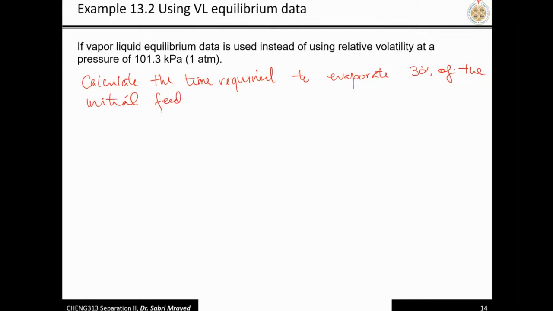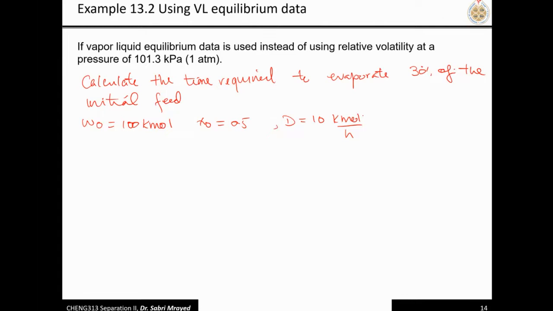For the same specification. Now the specification that I have before is, let me get it here. Yeah, so I have W0 equal to 100, and I have X0 equal to 0.5. And let's assume D is again constant, given as 10 kilomole per hour.